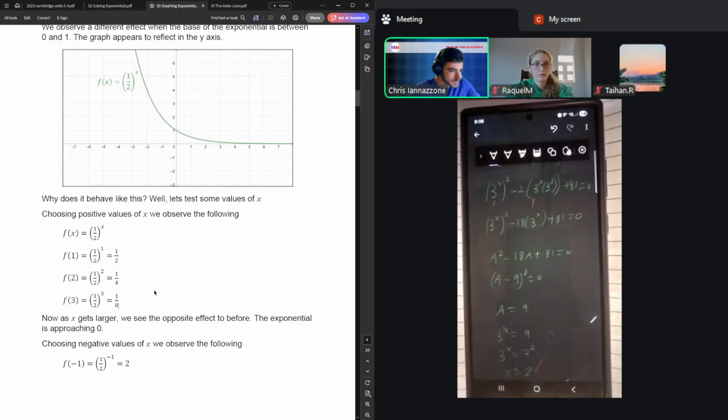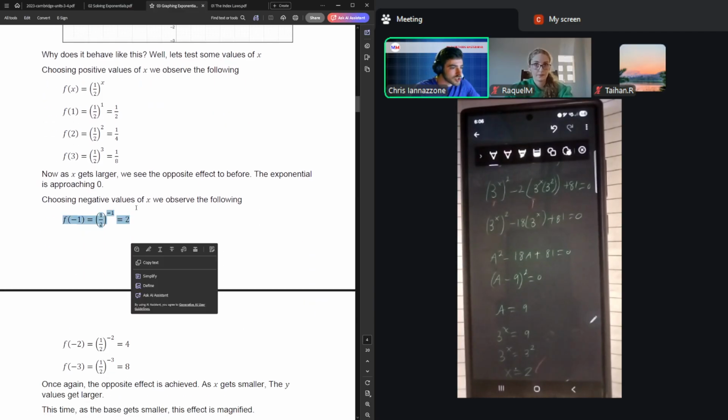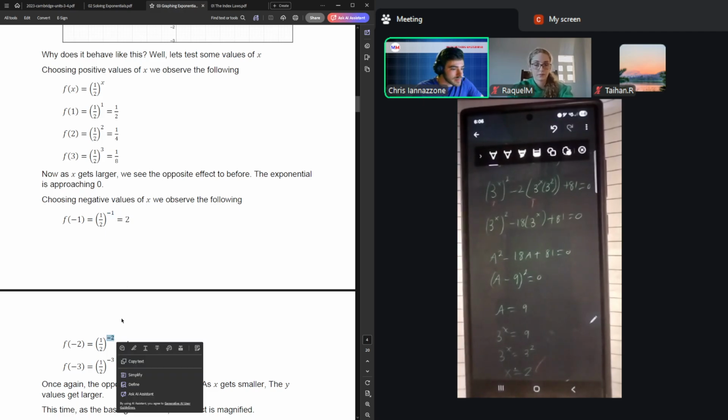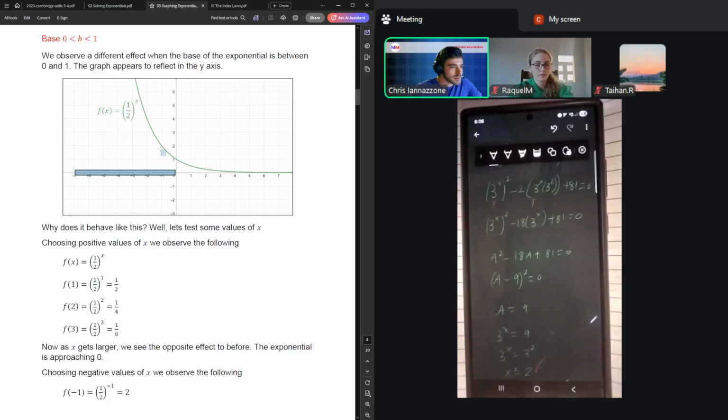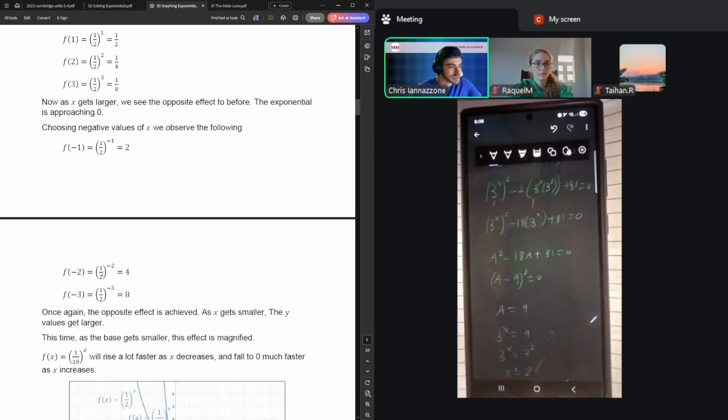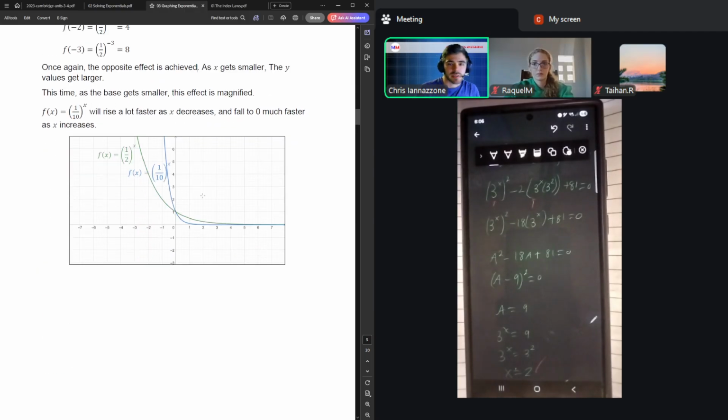And if you now start doing negative numbers, that negative index is just flipping your fraction, which is why as you go left, you're now increasing your y values, because you're flipping that fraction into an integer and then raising that to a power. So you're achieving the opposite effect, effectively a reflection across the y-axis, without actually putting a negative sign up in the power. Clear enough why it's doing that?